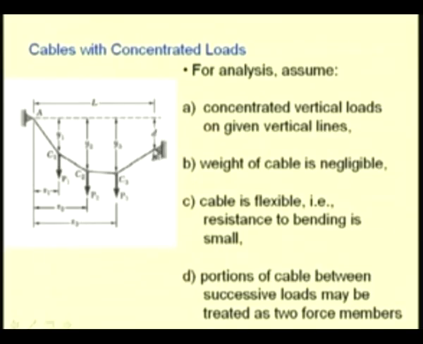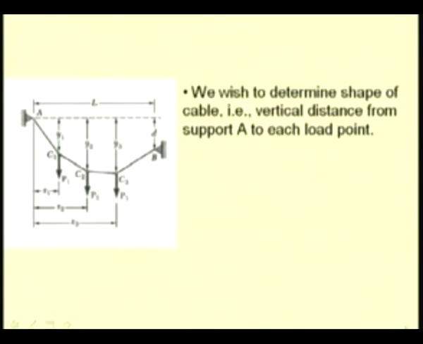And since we have seen that the cables can only be loaded in tension, the forces developed in this portion are tensile and their direction is that of the pulling nature. So, our interest is to determine these vertical coordinates of the point of loading, or in other sense the shape of the cable.